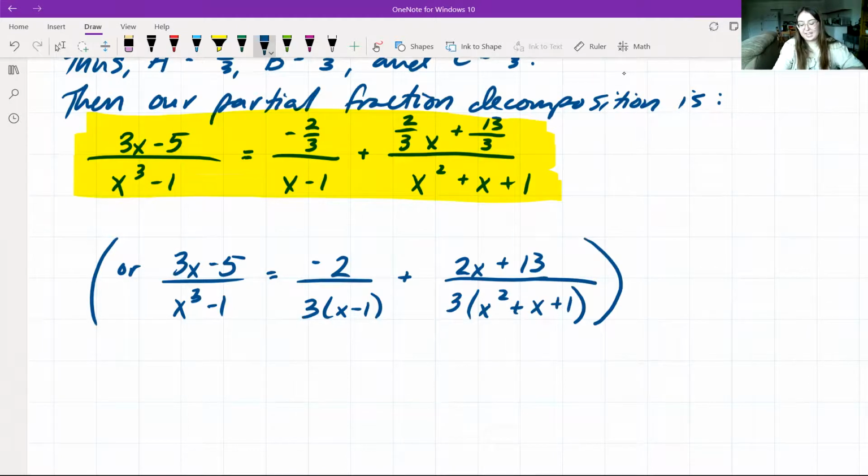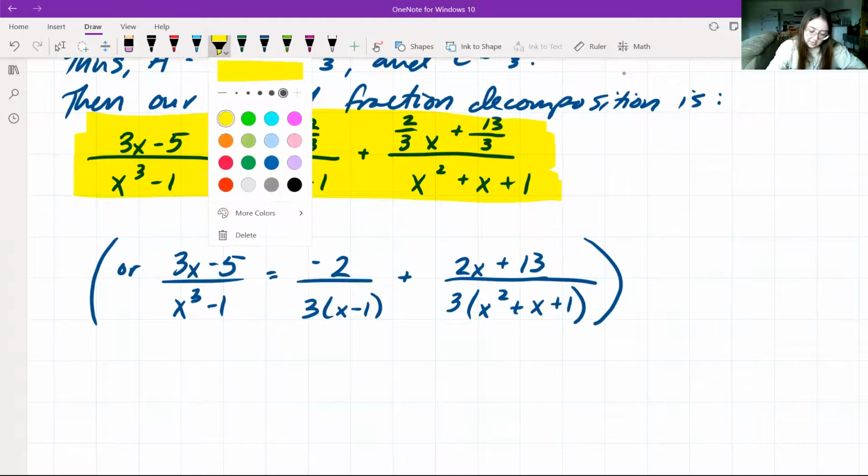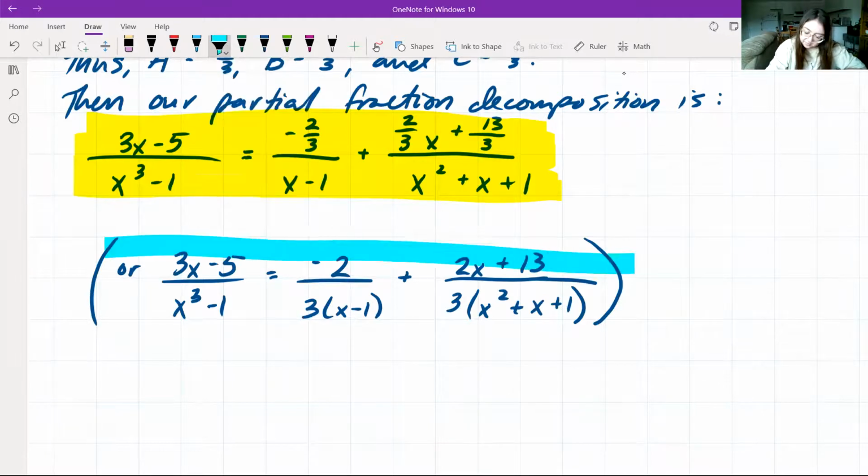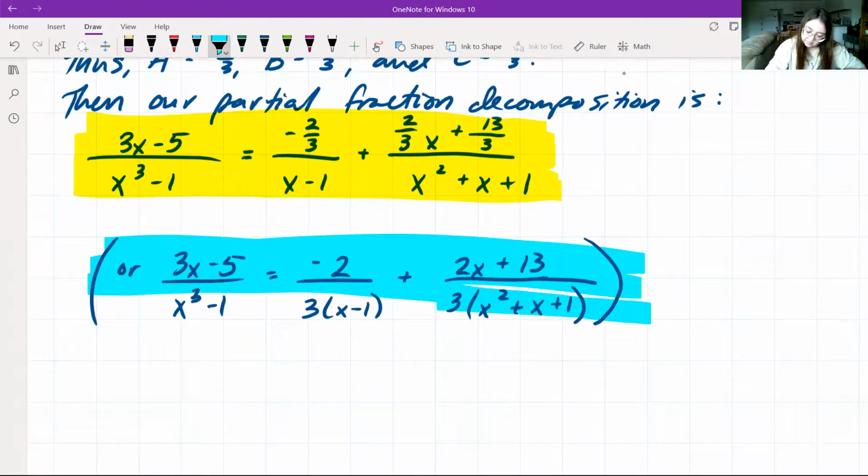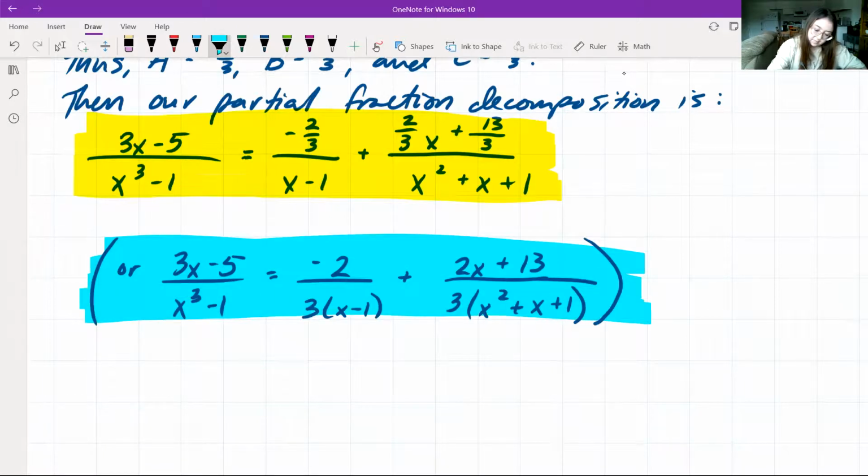You can also write it out like that if you would like. We'll put this in blue. The one we have in yellow is technically in the form that it asked for, so writing in this form would be acceptable as well. But if for whatever reason in my math lab it requests that you don't have fractions within fractions, you could write it this way as well.